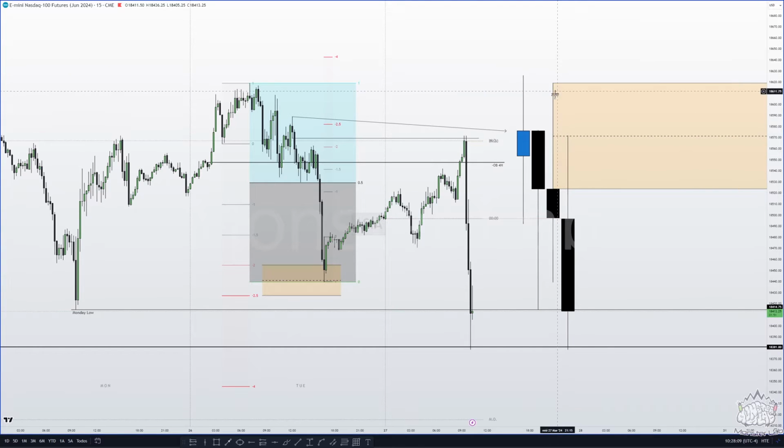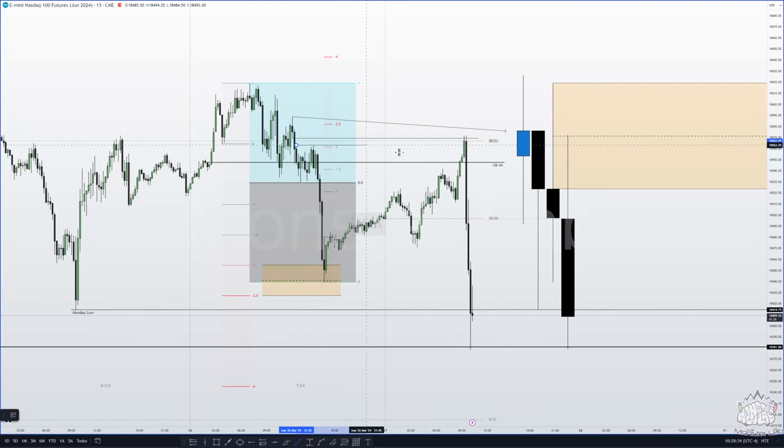In the mid for this week, remember, inside this week, in lower time frames, you find internal liquidity. And what is the internal liquidity in this week?